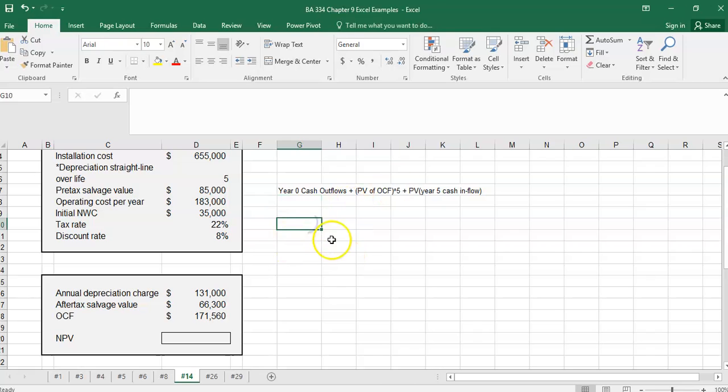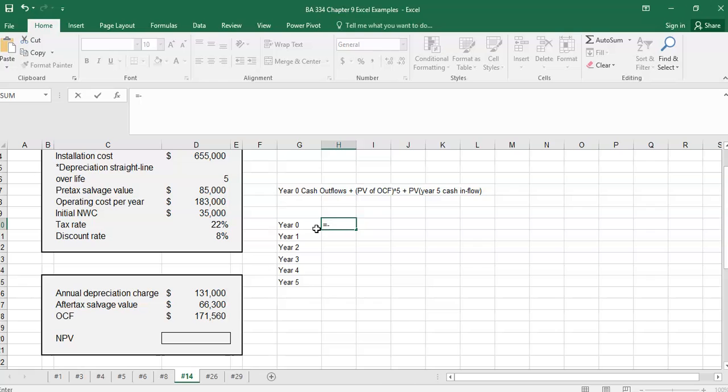Okay, so we have year zero cash flows. So we can do two things. We can do year zero, year one, year two, year three, year four, and year 5. Okay, and we can do all of our cash flows. So our cash out at year 0, we want that as a negative number.